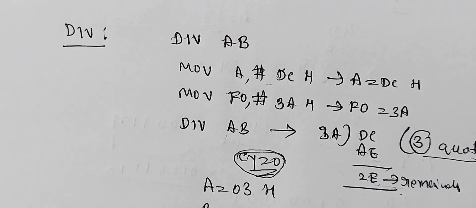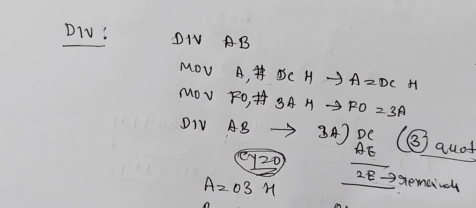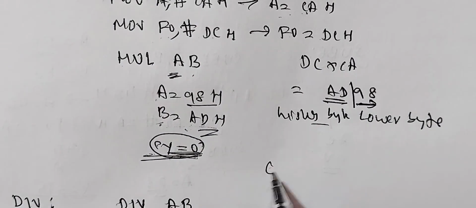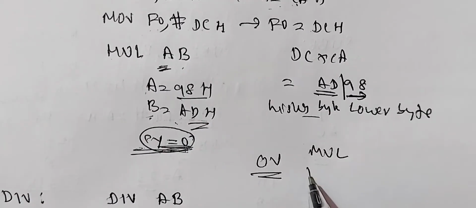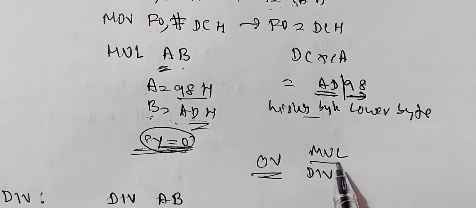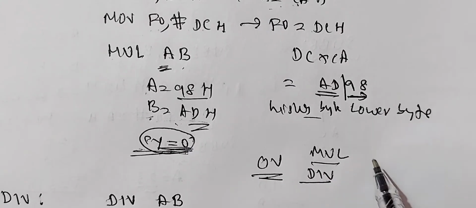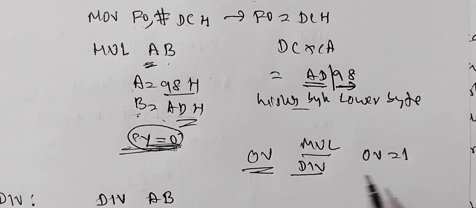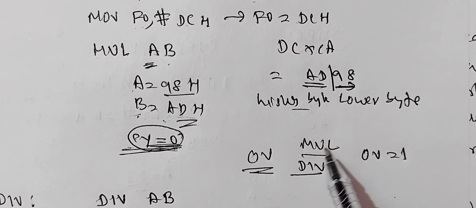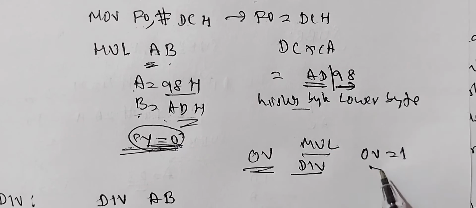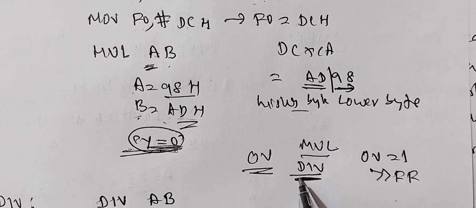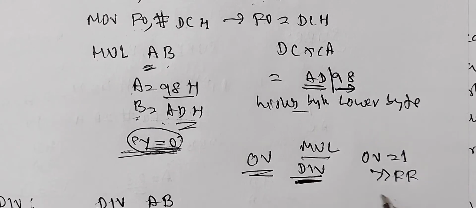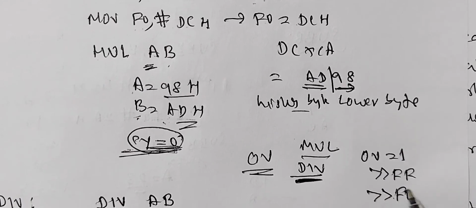We kept it 0. But the other type of flag, the overflow flag, is affected. The overflow flag is affected during multiplication and division. The overflow flag is equal to 1 when the product is greater than FF, and likewise during division when the quotient is greater than FF.